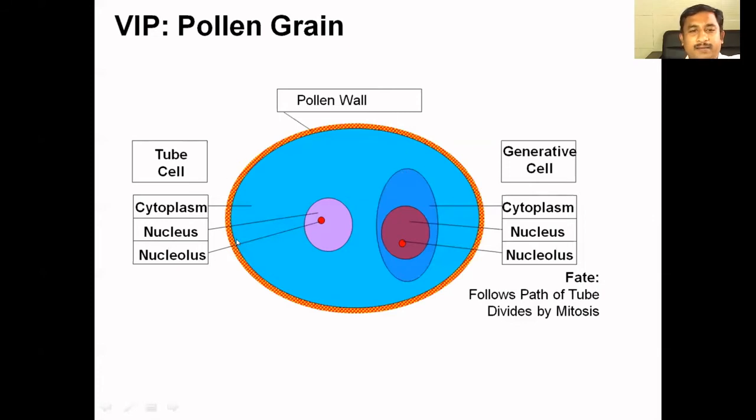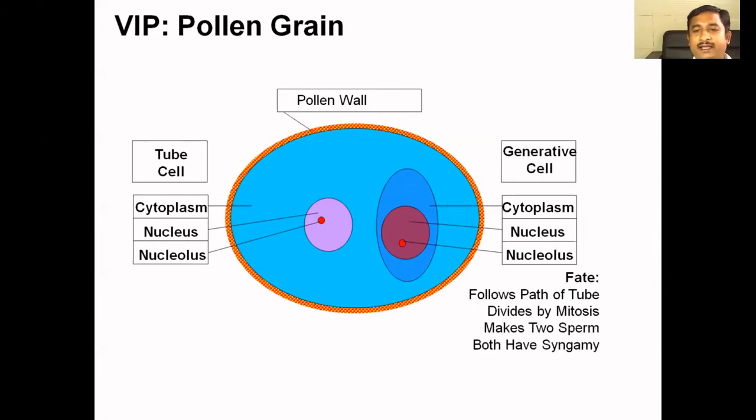When this pollen grain falls on the stigma, it becomes a tube-like structure. It grows. Inside that, there is a tube cell and there is a generative cell. So you need to remember that one.